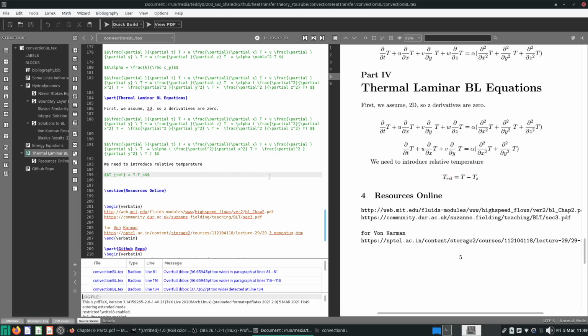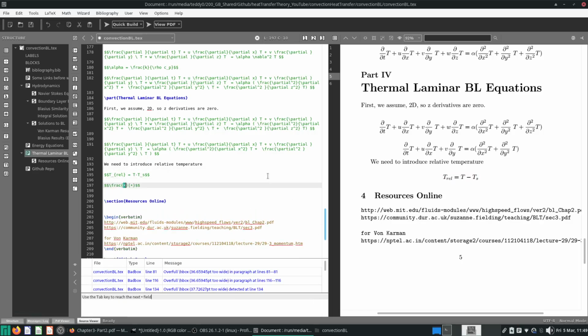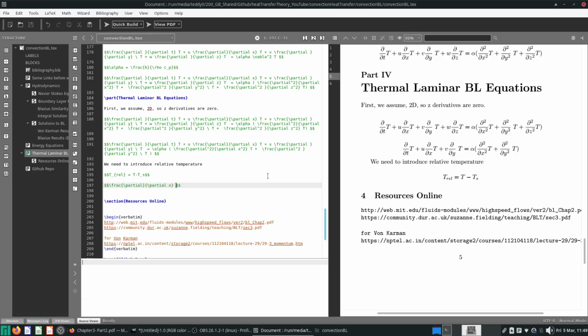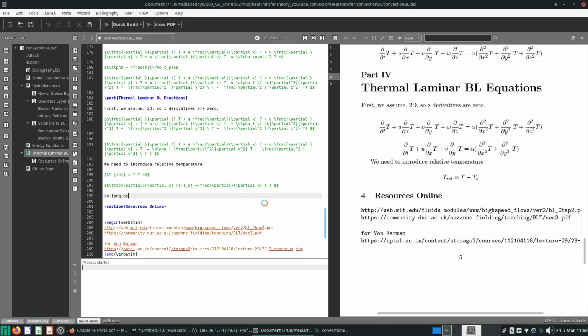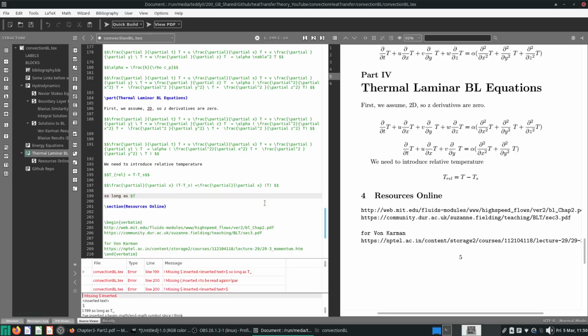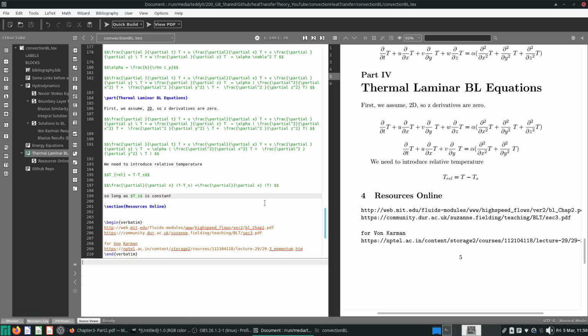But the good thing for us is that the partial derivative with respect to x of anything, T minus Ts for example, equals the derivative of T, so long as Ts is constant.